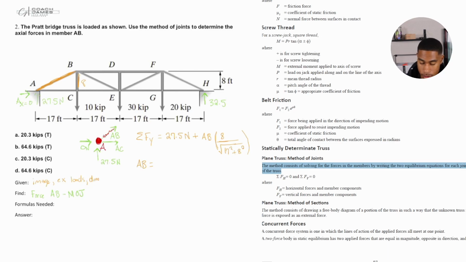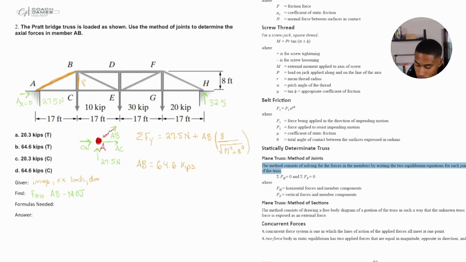So AB is going to be equal to 64.6 kips. All right.